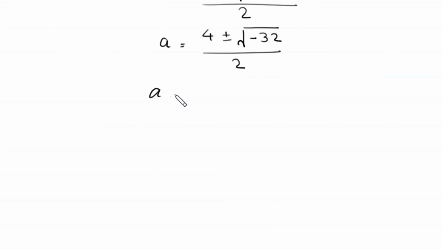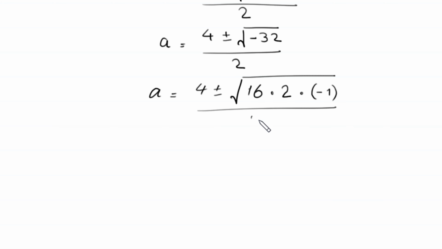Next, a is equal to 4 plus minus square root of, this negative 32 can be written as 16 times 2 times negative 1 divided by 2, and a is equal to 4 plus minus square root of 16 is 4 times square root of 2, and this square root of negative 1 will become i divided by 2.